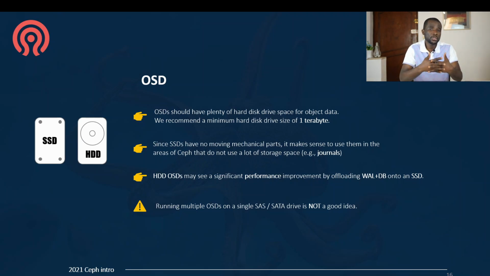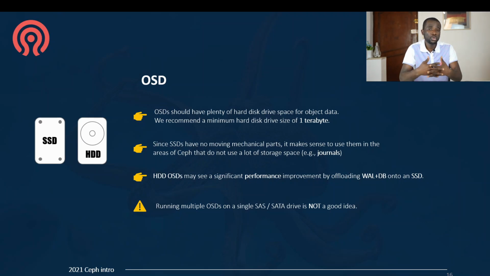For example, an SSD with a size of 200 can be split into stable volume groups, and each volume group you can use as the journal for a mechanical hard drive.